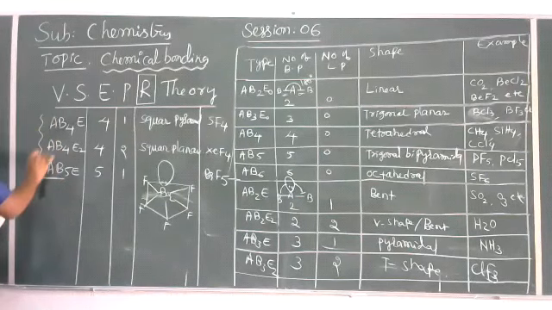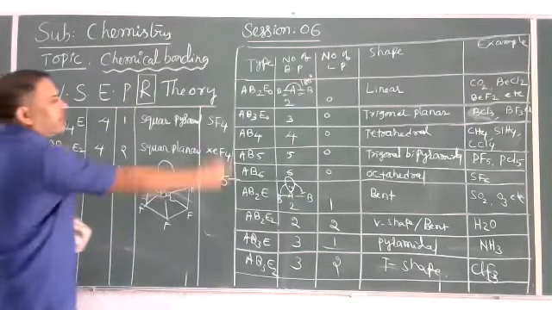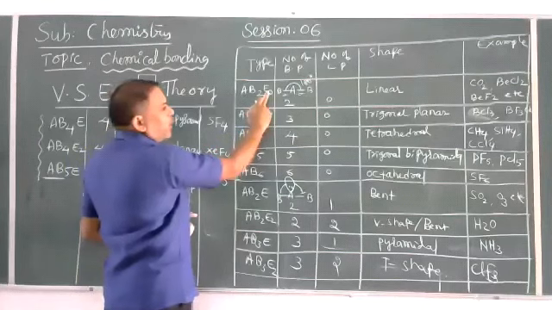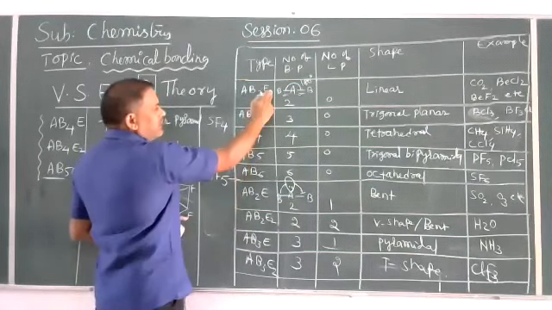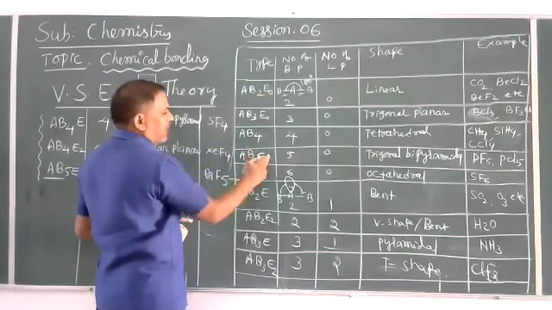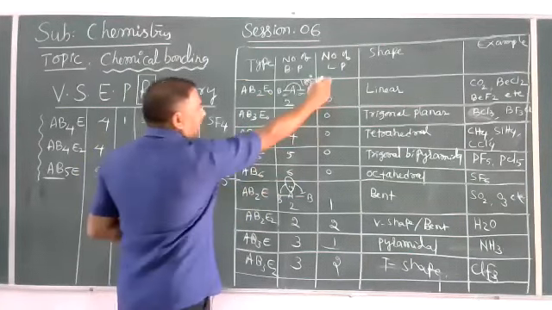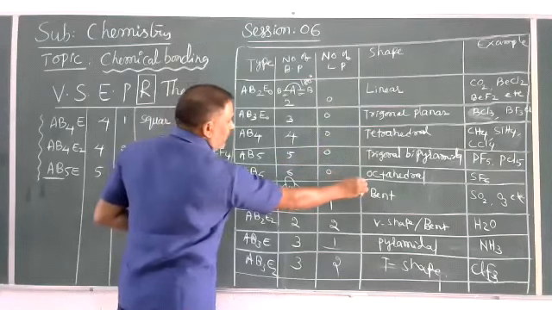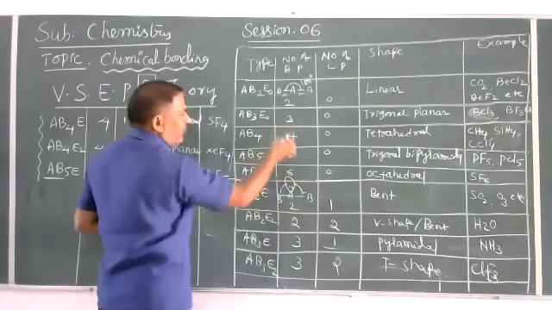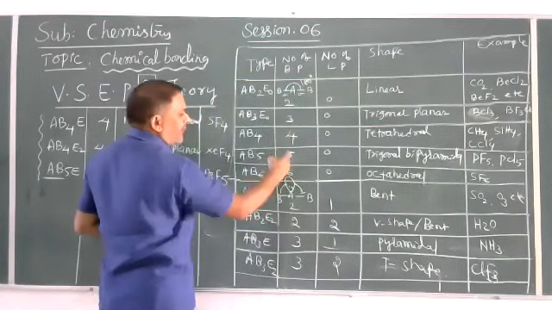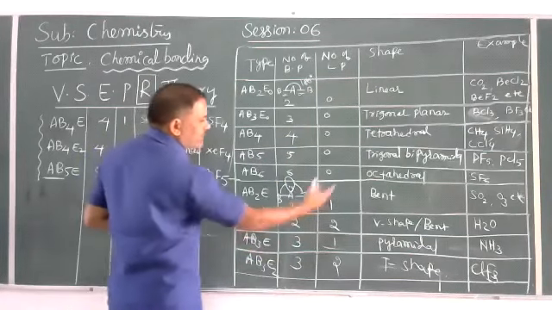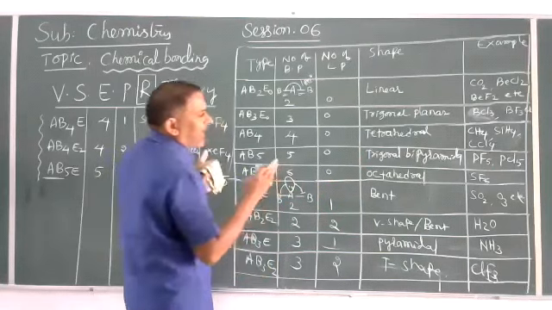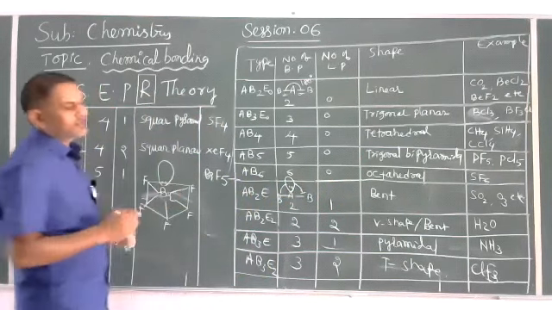Based on the number of lone pairs and bond pairs, up to here there are 5 models. There are no lone pairs, all are bond pairs only, lone pairs are 0, but bond pairs are 2, 3, 4, 5, 6. Then the number of lone pairs increases, and the bond angle and shape also change.